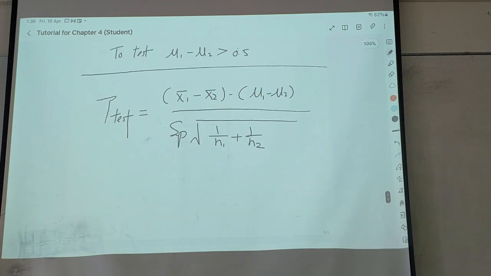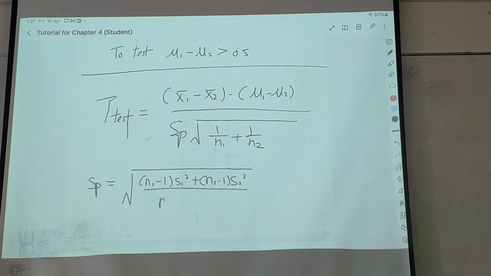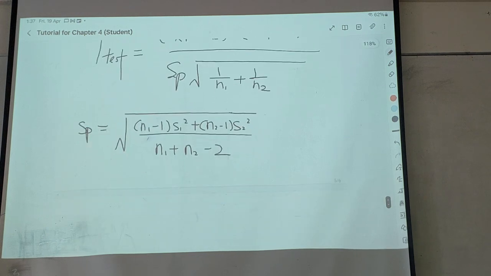SP can be calculated using this formula, also given. We have n1 minus 1 times s1 squared plus n2 minus 1 times s2 squared, then divided by n1 plus n2 minus 2. You see we have all these data. We just need to substitute.